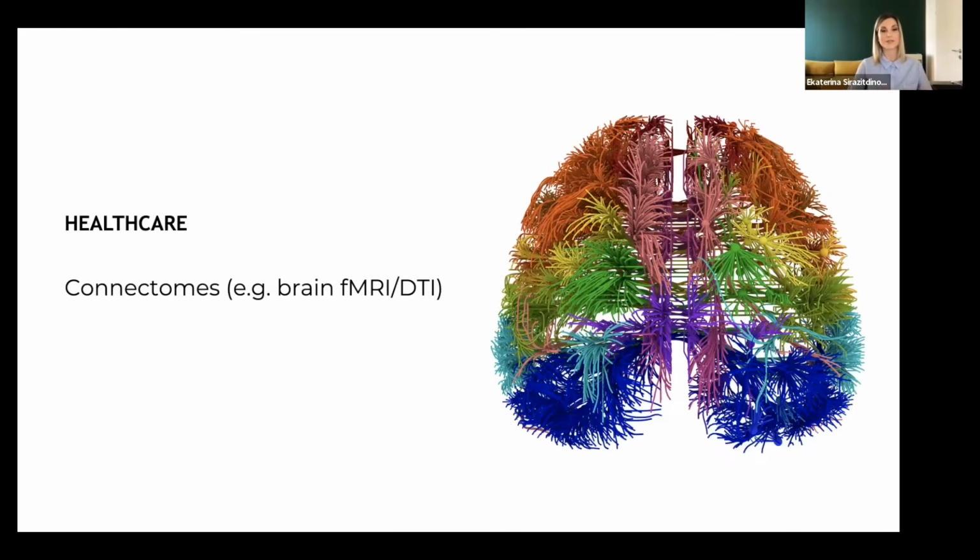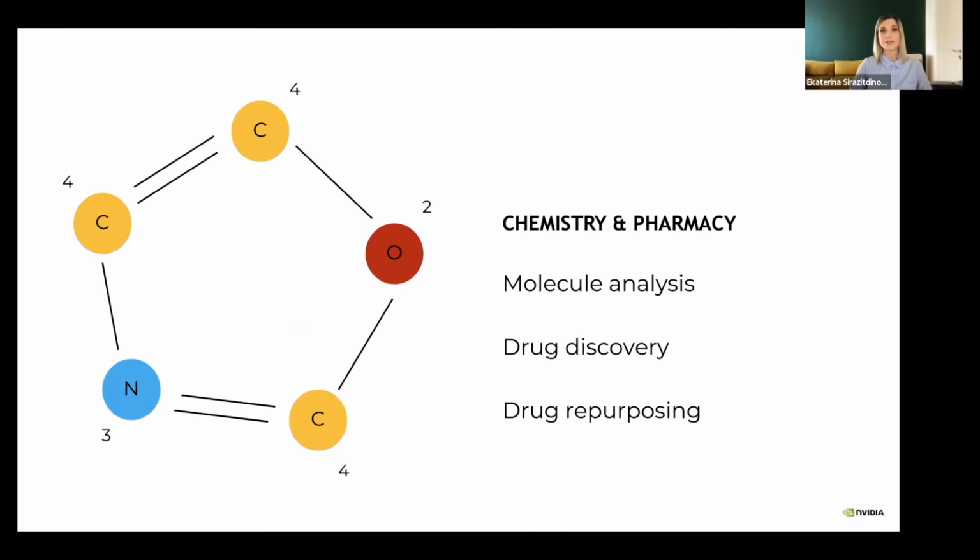One also good application of graph neural networks is in healthcare. In healthcare, you can, for example, model connectomes in the brain, like in MRI or DTI, as a graph. Graphs are used in chemistry and pharmacy.